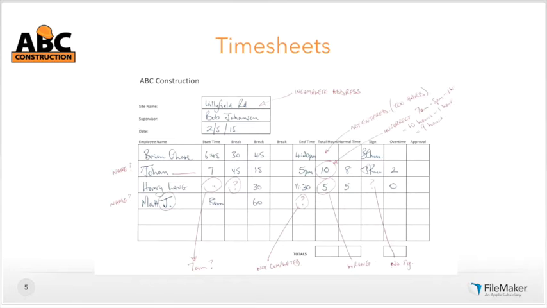And Harry apparently started at 7 a.m. as well, and he left at 11:30, but he has actually added his break time to the time that he worked. And it seems that Matt J forgot to sign off altogether, so we don't actually know how many hours he worked. So at the end of the day, Bob has to redo all of the hourly calculations himself just to check them and then add them all up before submitting the form.